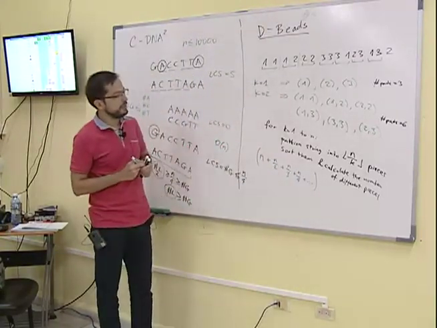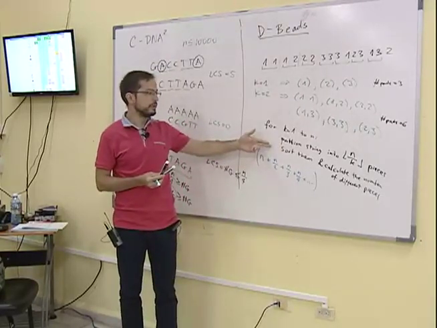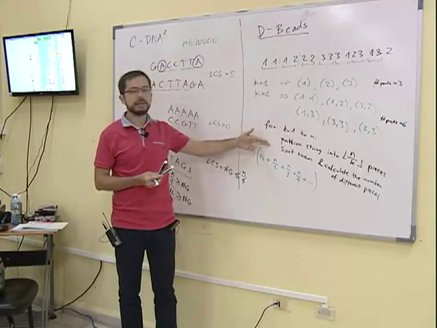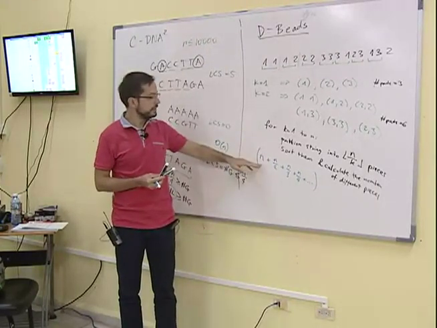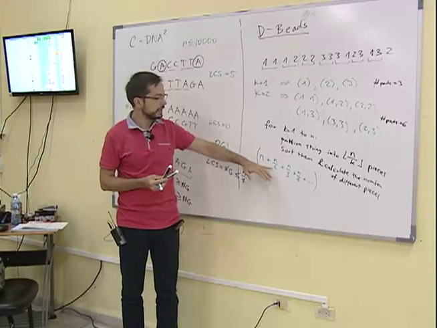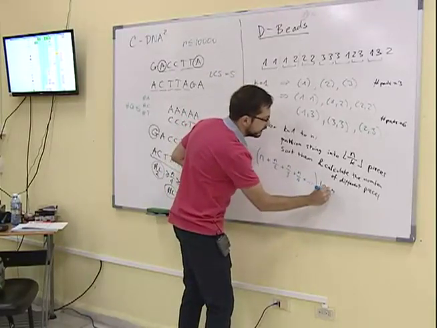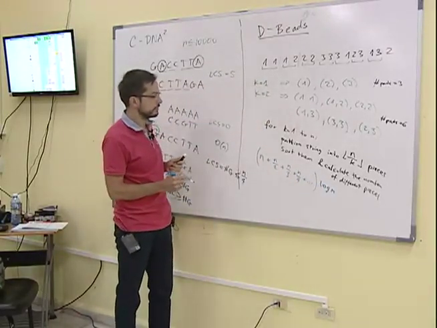And also we need to sort them. So for sorting, we will need an n log n algorithm. So basically, all of these things are n log n, n log n over 2, n log n over 3, and so on. But you can just put log n here. It will be also not good.